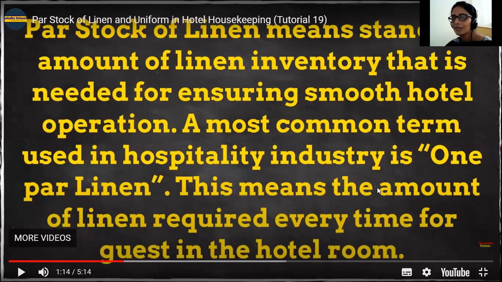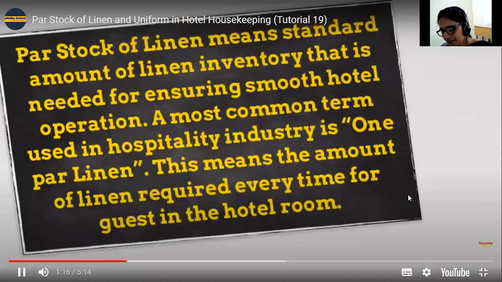So this is the par stock, that amount of linen inventory that is needed for ensuring smooth operations on a daily basis, right?